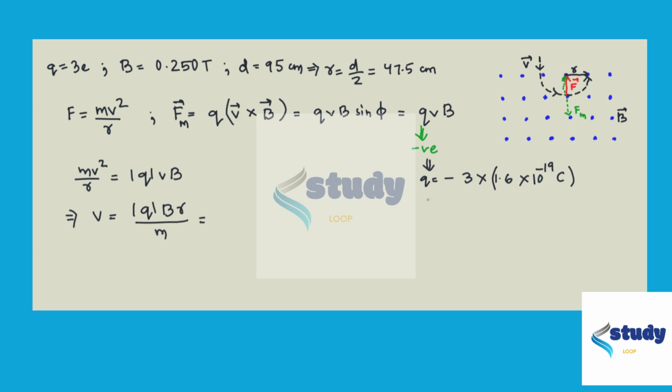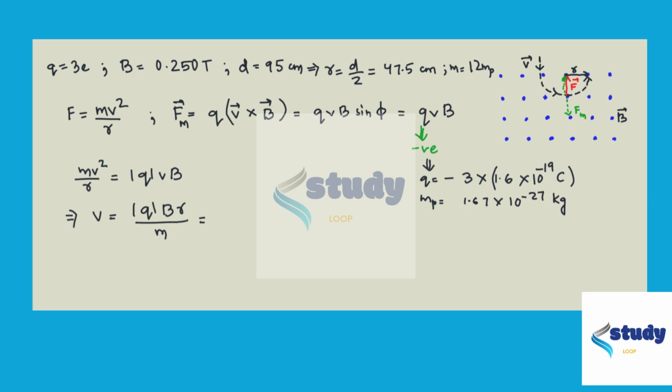And the mass is given to be 12 times the mass of a proton, and we know the mass of a proton is 1.67 times 10 to the power minus 27 kg.